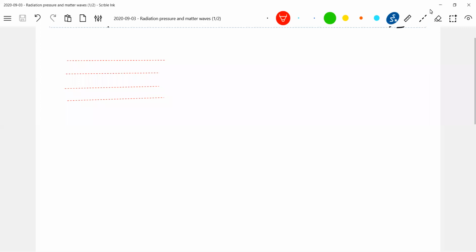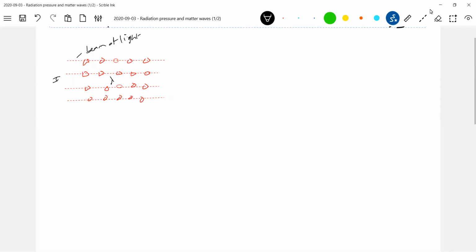So we assume that the beam contains photons, with associated momentum. Let lambda be the wavelength and let I be the intensity of the beam. So this is the beam of light.